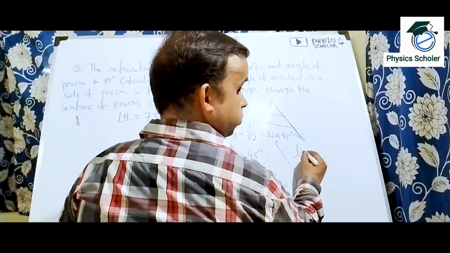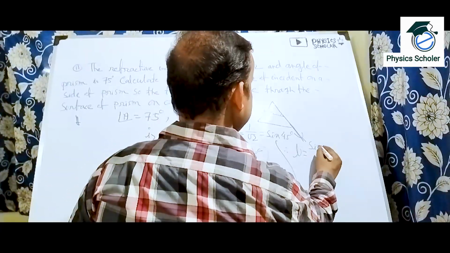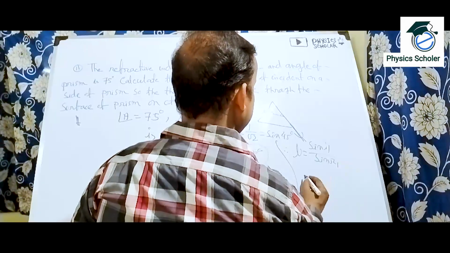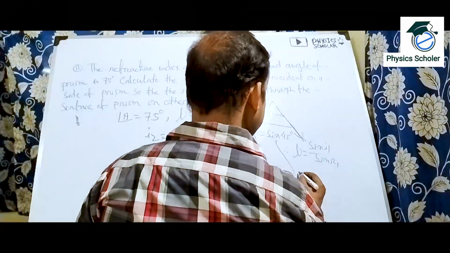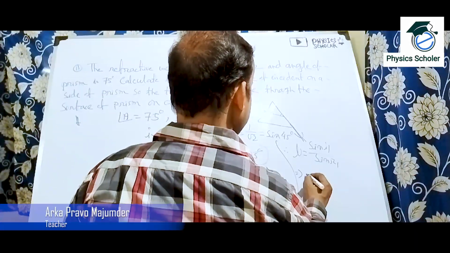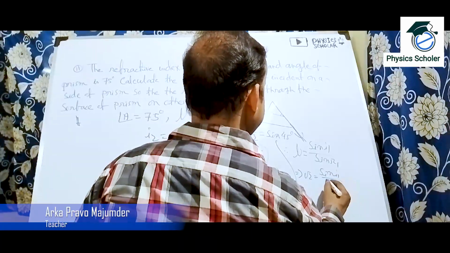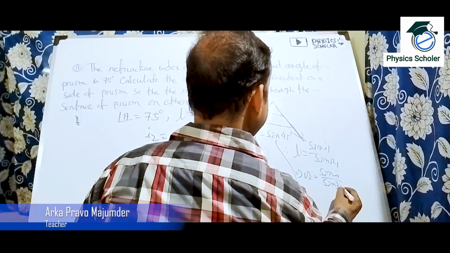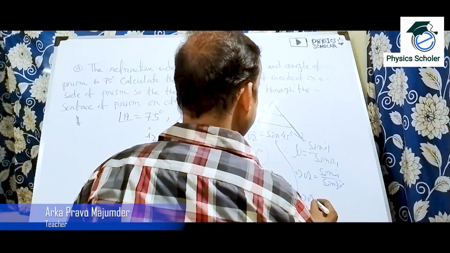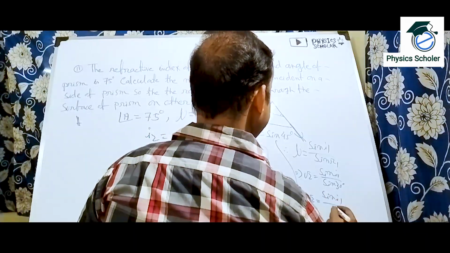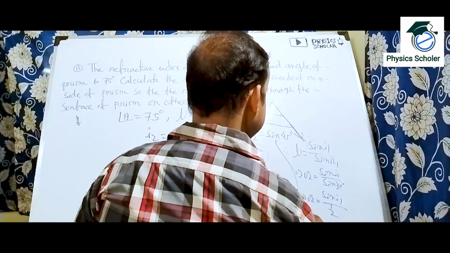Now mu is equal to sine I1 by sine R1. So the value of mu is root 2, equal to sine I1 by sine R1, where R1 is 30 degree. Therefore root 2 is equal to sine I1 by sine 30, which means half.